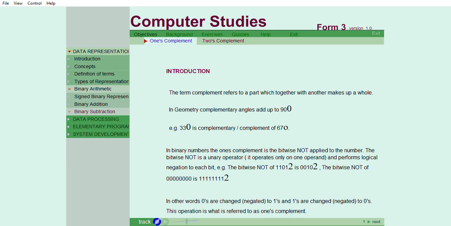For example, the bitwise not of 1101 to the base of 2 is 0010 to the base of 2. The bitwise not of 0000 is 1111 to the base of 2.